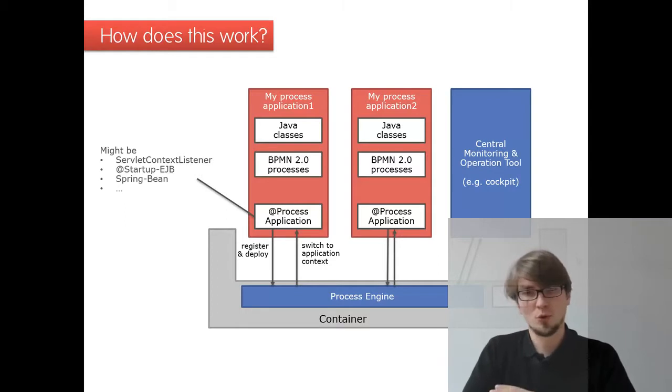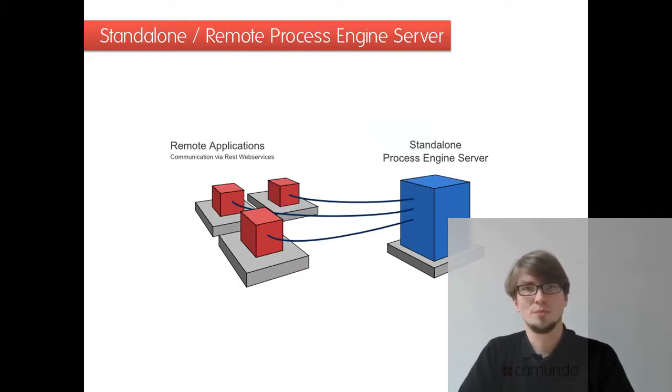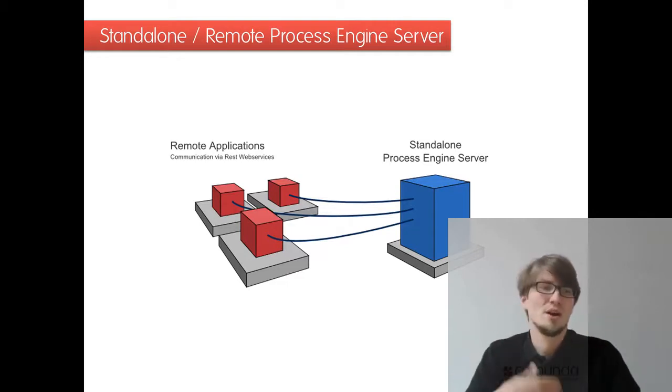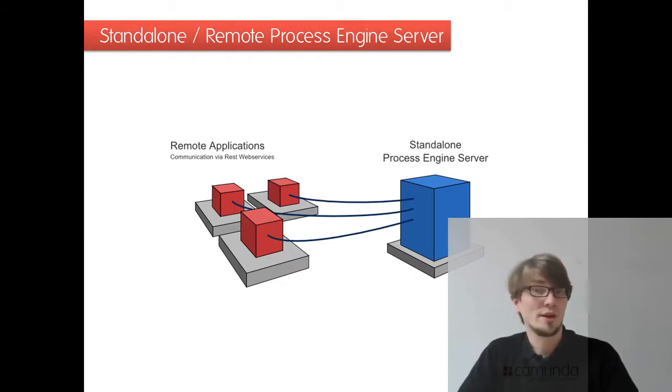There's a third mode we could start the engine in, which is what we call the remote process engine or standalone server. And that's actually a pretty common approach for other vendors of BPM suites. So they basically start their own server and they communicate for everything remotely.